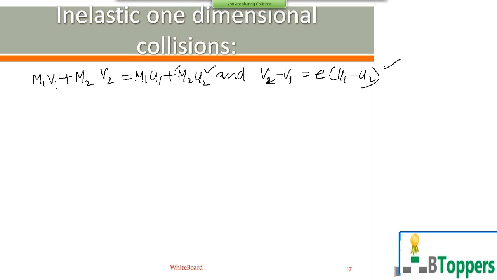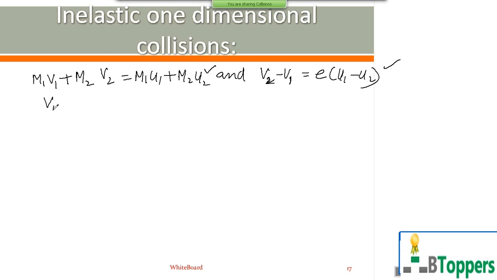You need not remember the expressions for v1 and v2, which I am going to write now, but I would like to write the results you get when you solve these two equations in letter notation.